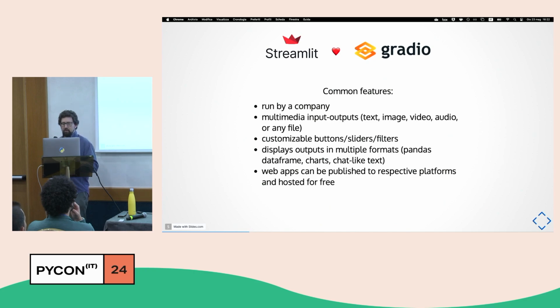There are customizable buttons, sliders, and filters you can use, and you can display outputs in multimedia, but also in other formats like pandas data frames, some charts, some graphs, and some chat-like text that can appear all of a sudden. Both web apps can be published to the respective platforms and hosted for free with limitations, of course.